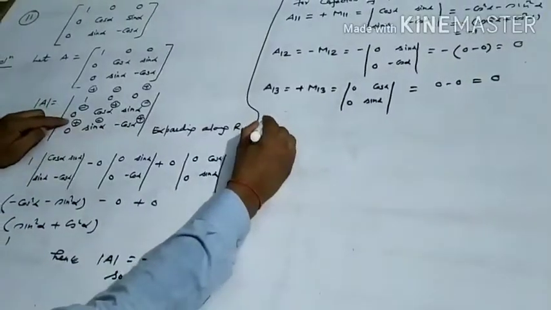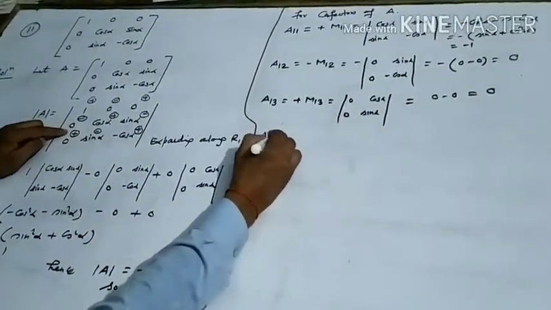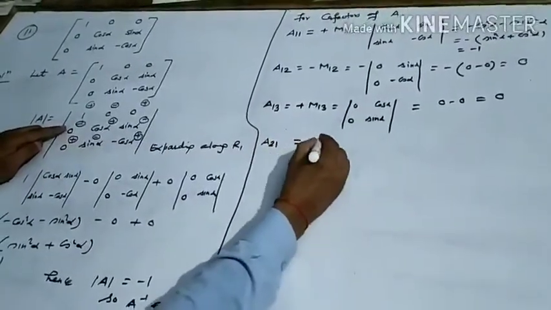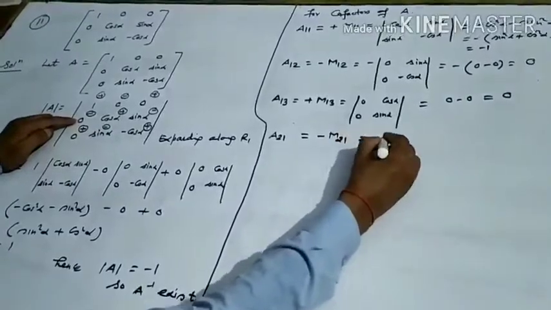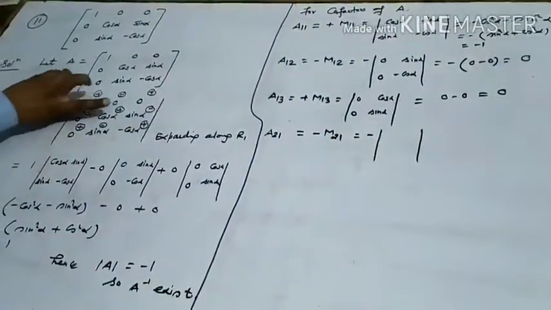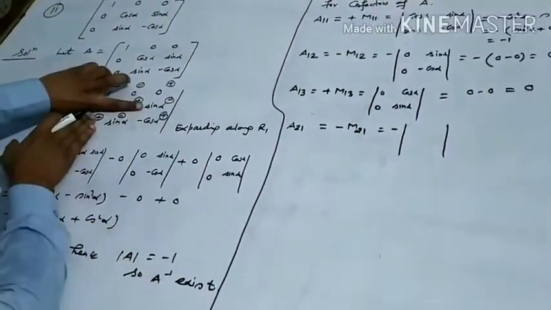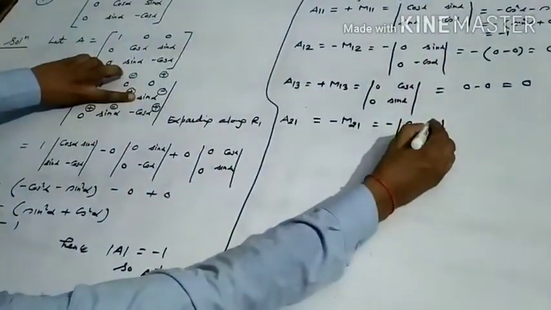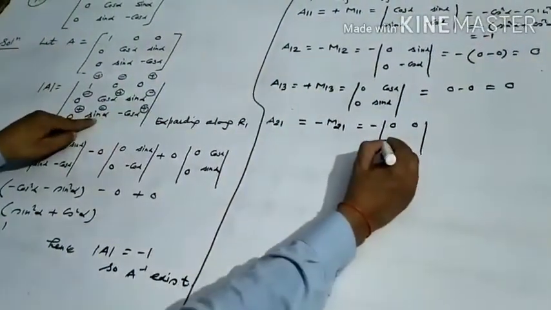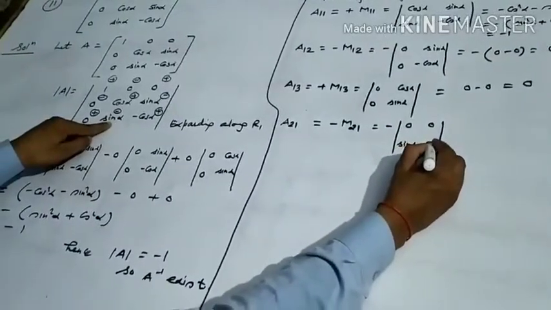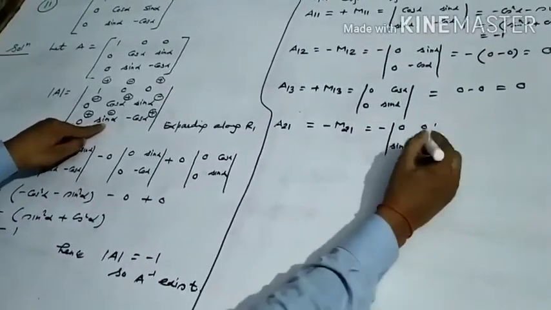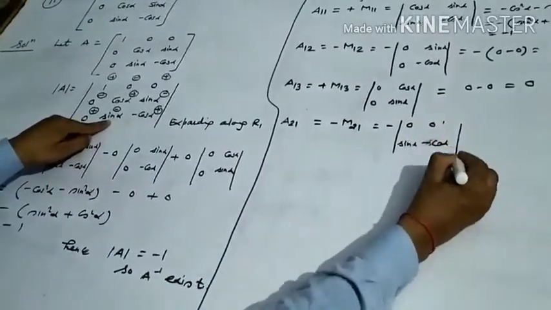Now the cofactor of the element of the second row and first column. If you see, the sign is minus, times the minor of the element of the second row and first column. So this is minus the subdeterminant after leaving the second row and first column. So this is 0, 0, sin alpha, minus cos alpha.